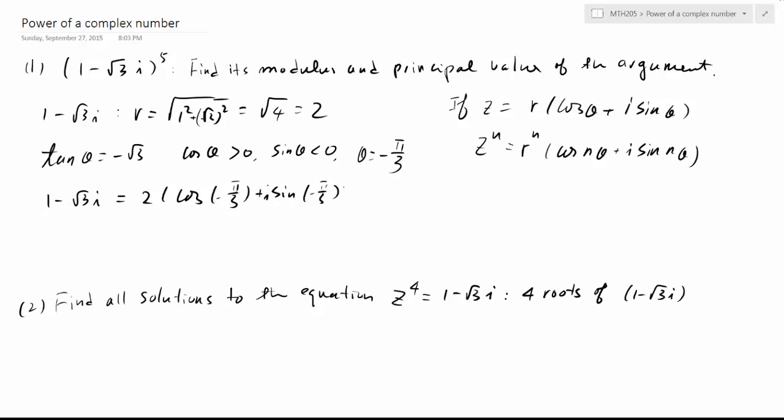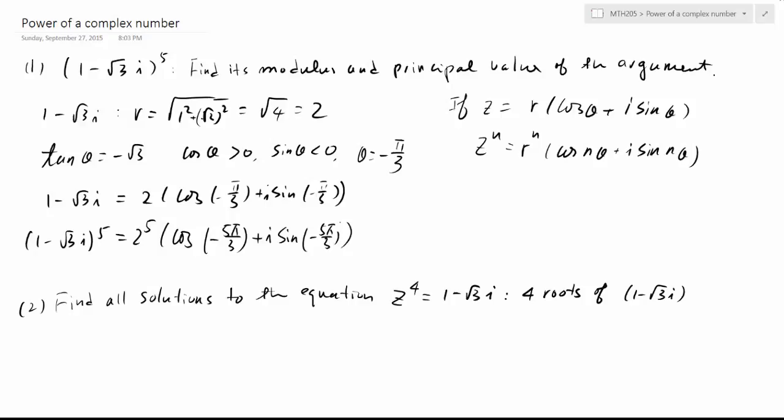So that's its equivalent form. So now 1 minus root 3i to the 5th is going to be 2 to the 5th, and cosine negative 5 pi over 3 plus i sine negative 5 pi over 3.